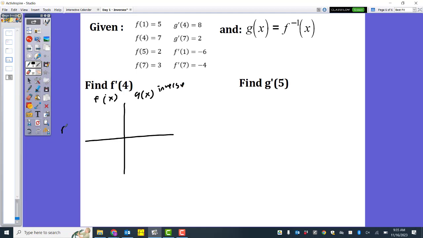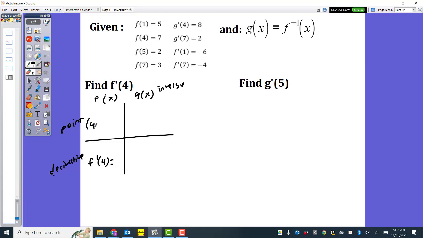Here's our points. Here's our derivative. Alright, we want f prime of 4. That's on our f side, it's the derivative, we want that.